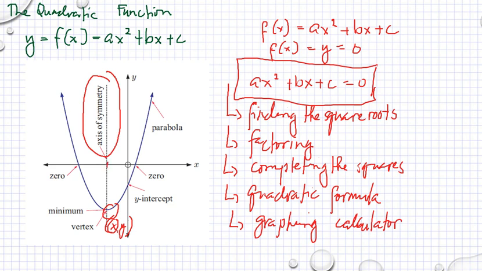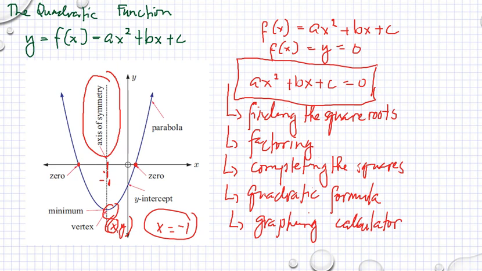So if this x is -1, then the axis of symmetry is -1. To find the vertex, just substitute the value of x in your function, then you will get the value of y, and then you have the coordinates of the vertex. The zeros here are always when y is equal to 0 or f of x is equal to 0.